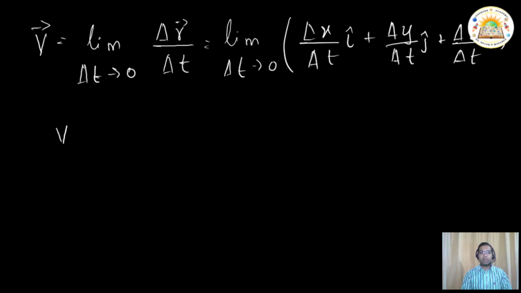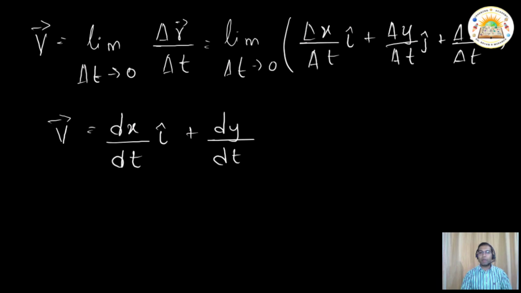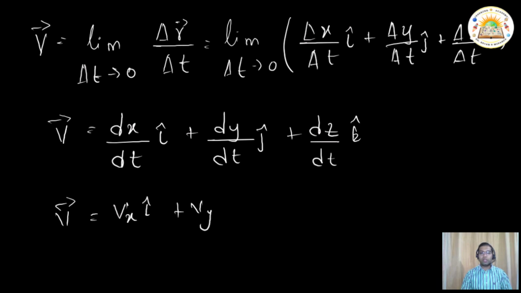So our v vector can now be written, in terms of limits, as dx by dt i cap plus dy by dt j cap plus dz by dt k cap, or v vector is nothing but vx i cap plus vy j cap plus vz k cap. So this is how we do it in 3 dimensions.